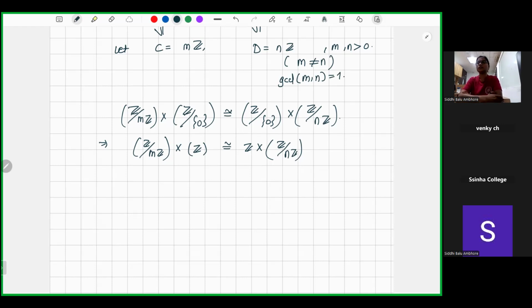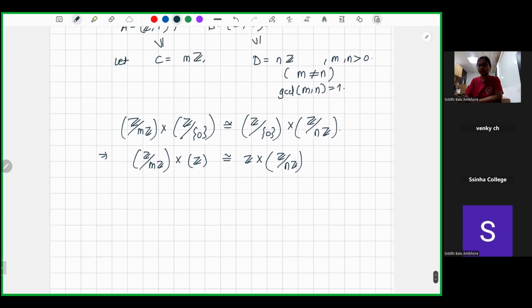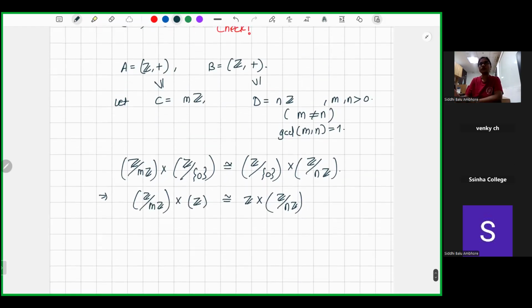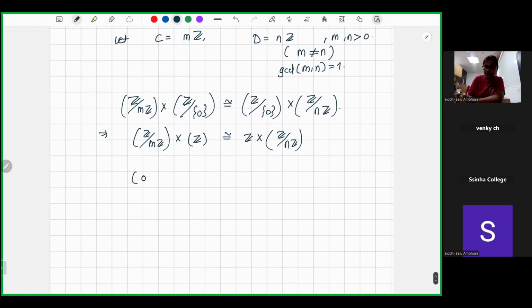Can these groups be isomorphic? First of all, these are well-defined groups. We are in abelian groups and we are taking quotients with subgroups, so every subgroup is normal and this is well-defined. So can this happen? Here, if I take the element 1 bar comma 0 bar, what is the order of this element?